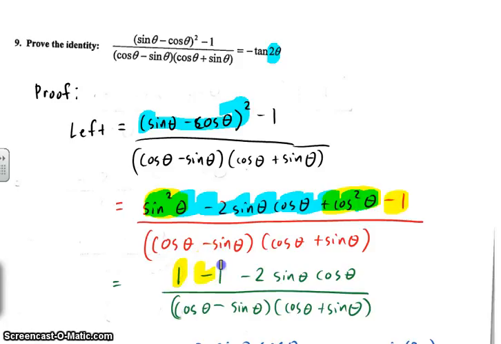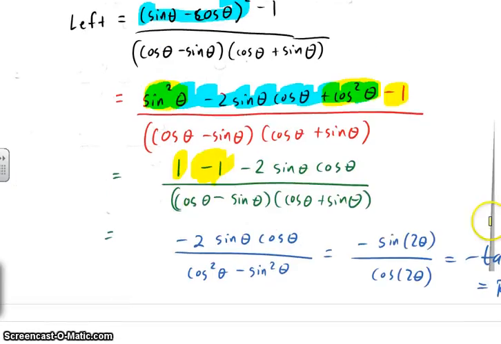And I've got this one here. So those go away. And I'm left with negative 2 sine theta cosine theta over, and I went ahead and multiplied out the bottom because I did recognize that the bottom is cosine squared minus sine squared, which is the cosine of 2 theta. And now I've got the top, 2 sine theta cosine theta, that's the sine of 2 theta. So I've done what I wanted to do.